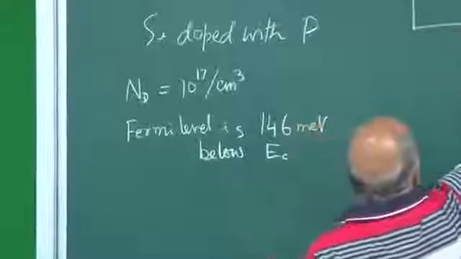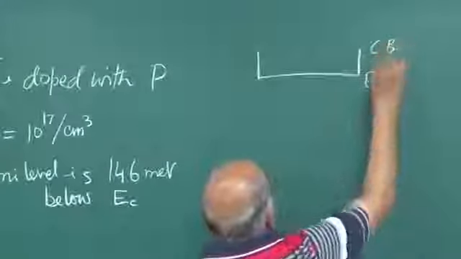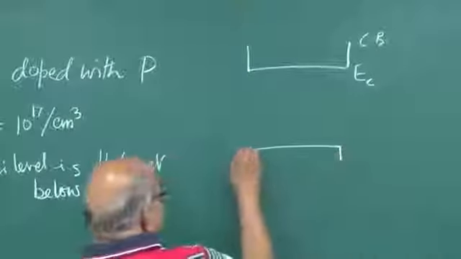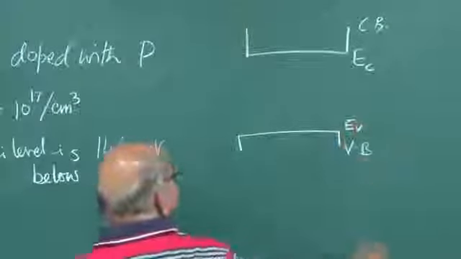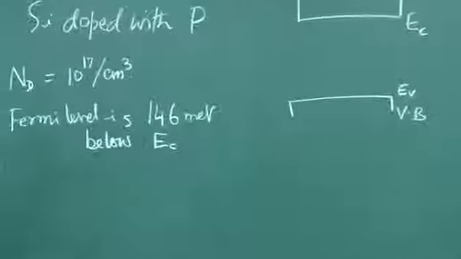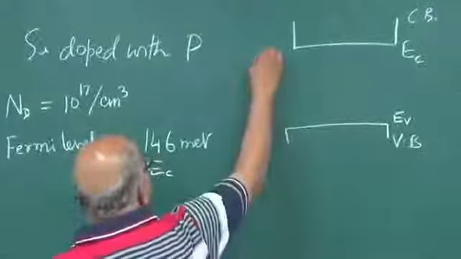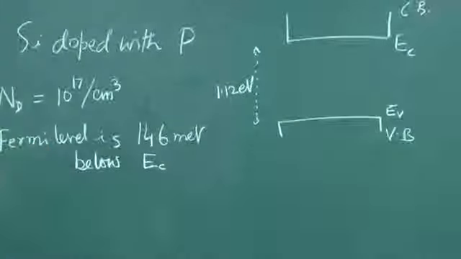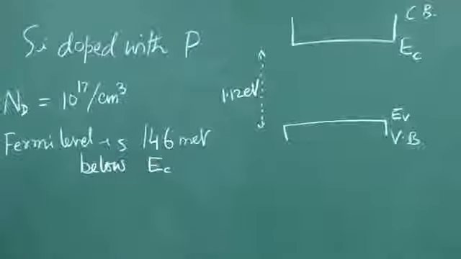The lowest energy in the conduction band, that we write as EC, and the highest energy in the valence band, that we write EV. So it says that it's silicon, so you know how much this is. This is around 1.12 eV, and the Fermi energy is 146 meV below EC.